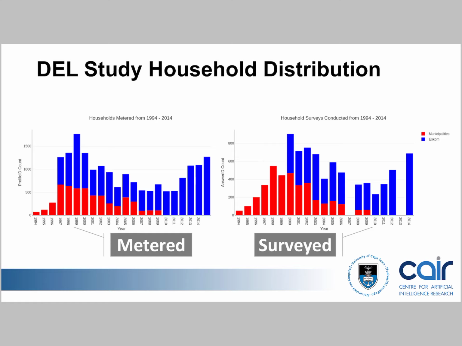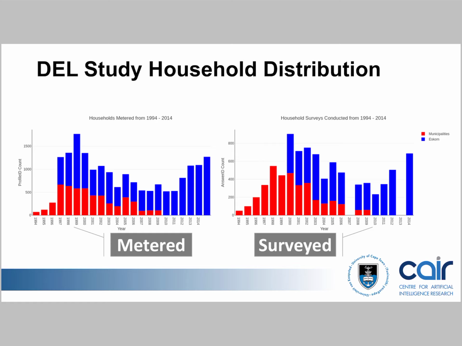And that data was collected at 5-minute intervals. That's what I term the metered energy data. Together with that metering, once a year, a survey was done where certain socio-demographic and dwelling attributes about the household were collected in a door-to-door survey. So the numbers of metered households and surveys don't correspond entirely, which is why we've got these 2 graphs.